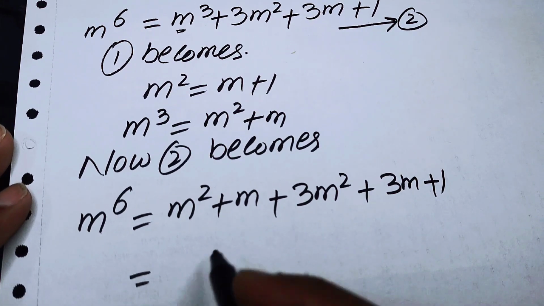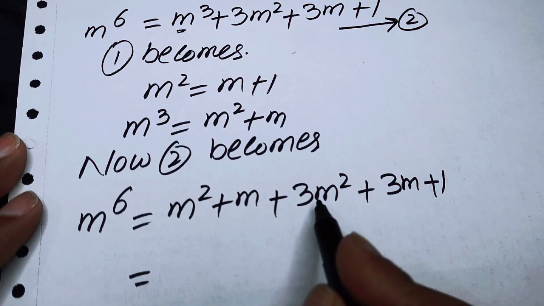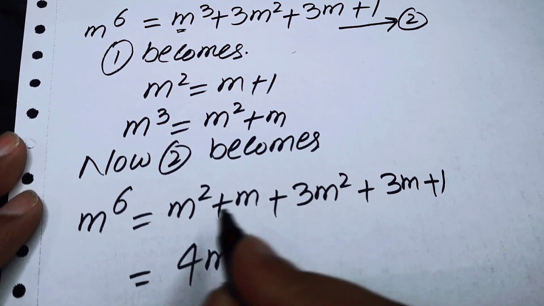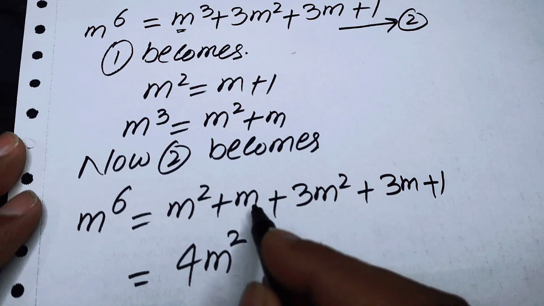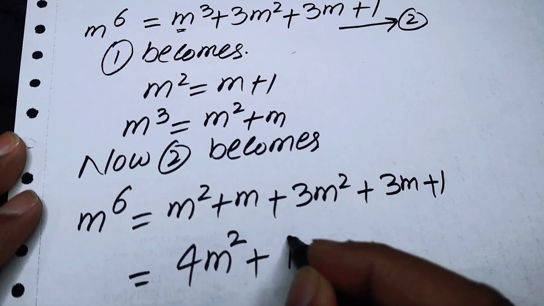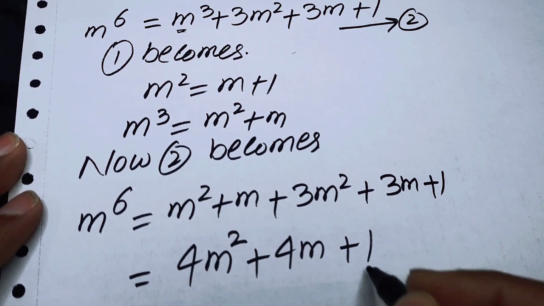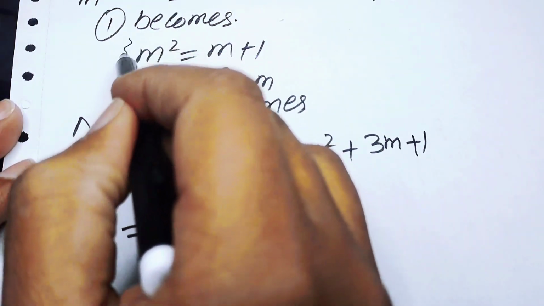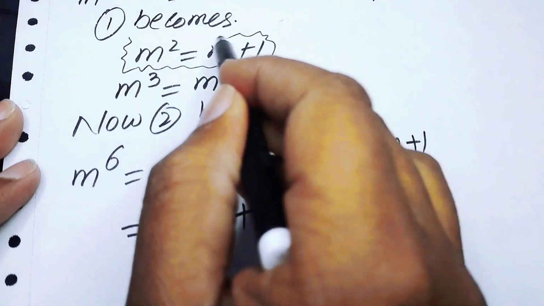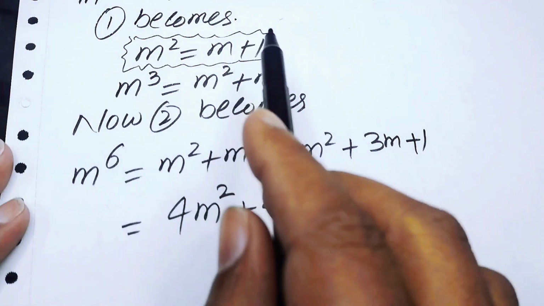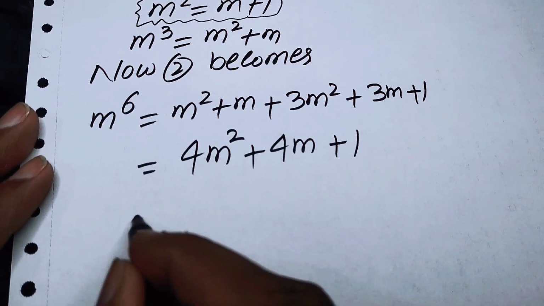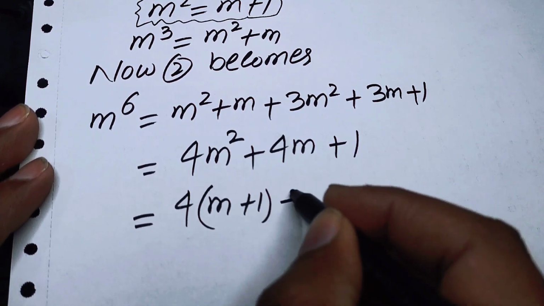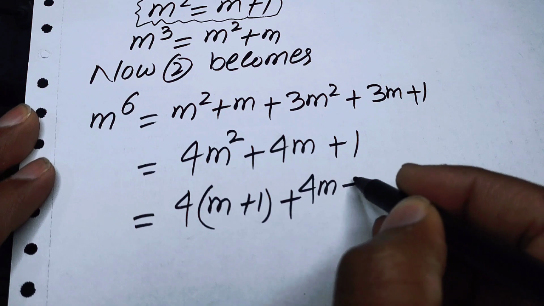So now we can find here m squared plus 3m squared becomes 4m squared, and m plus 3m becomes 4m, plus 1. Now here we have m squared, and we know that m squared is equal to m plus 1, so we can use this value here, and I can just substitute 4 times m plus 1, plus 4m plus 1.